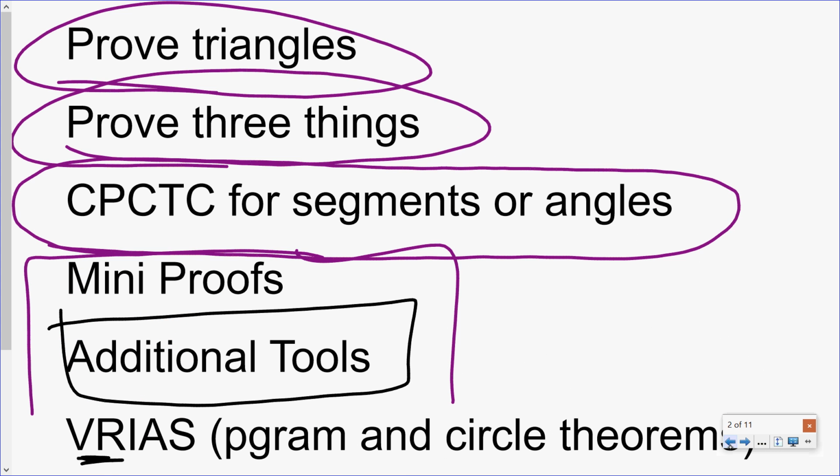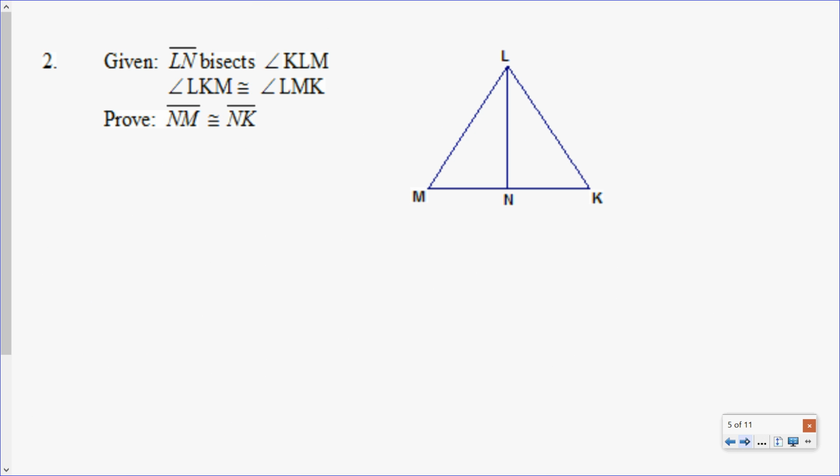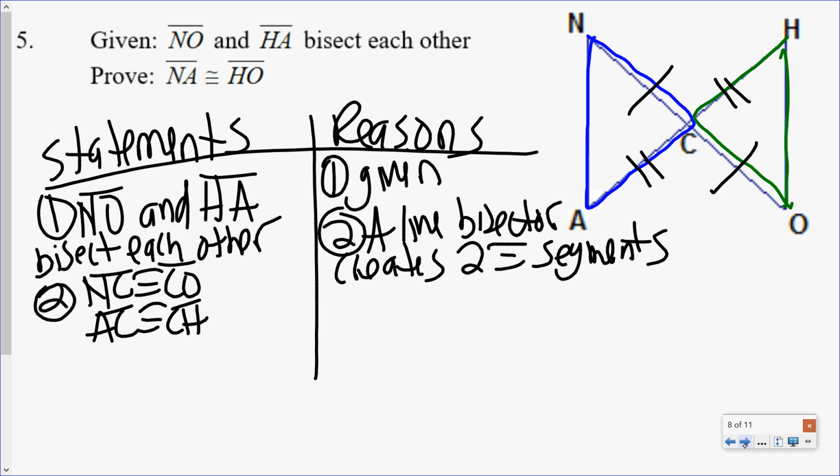Additional tools, V, R, I, A, S. For now, it's just V and R, vertical angles or reflexive property. Those are the only two things you can conclude without a given. Which do I have here? I see vertical angles.